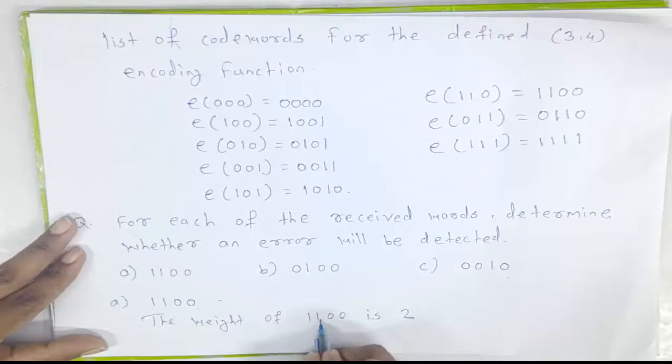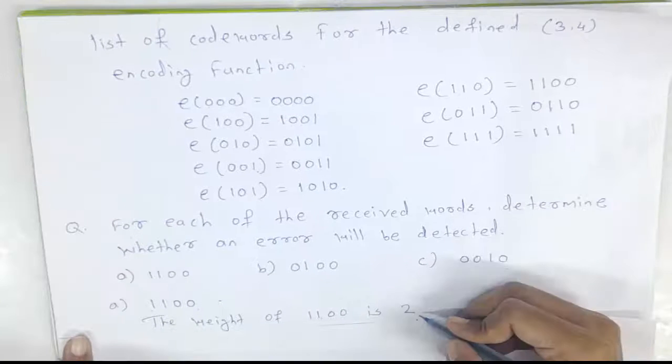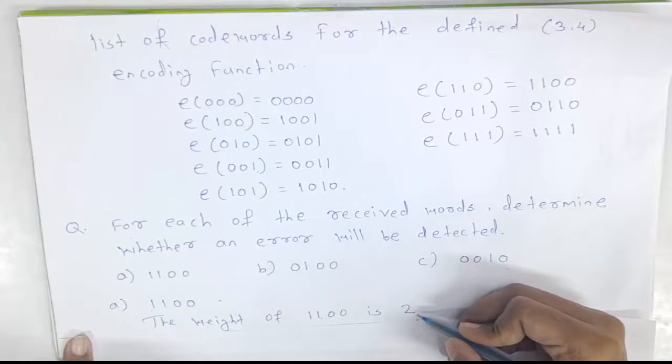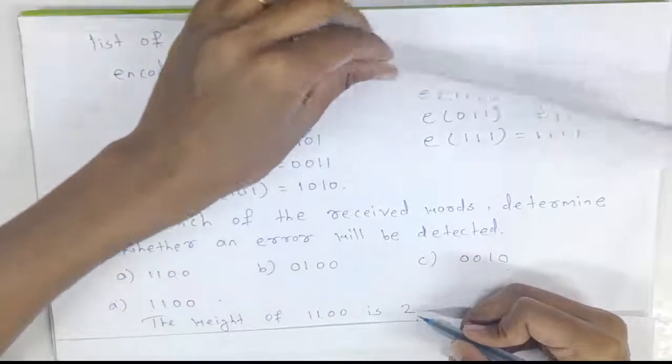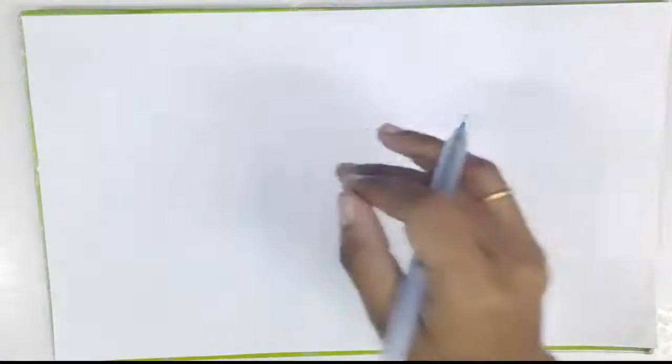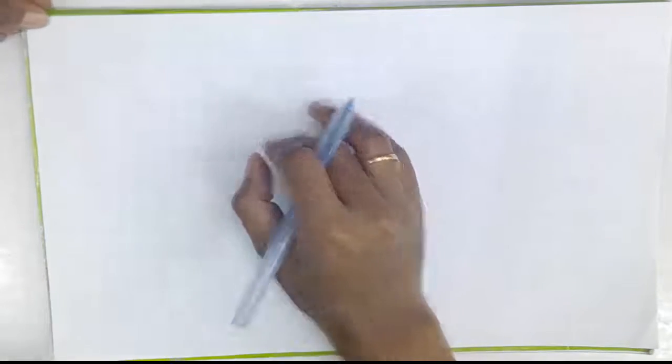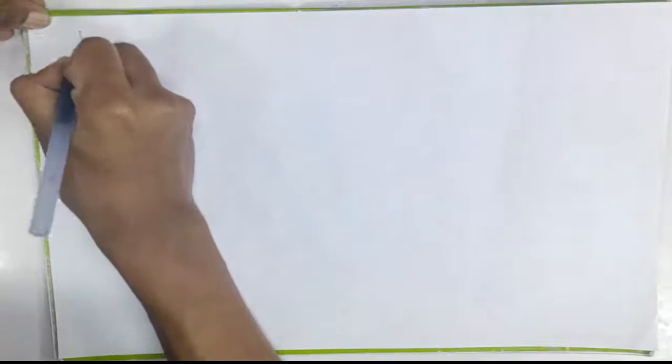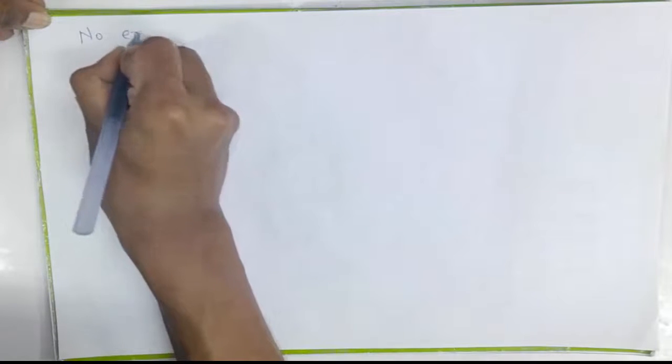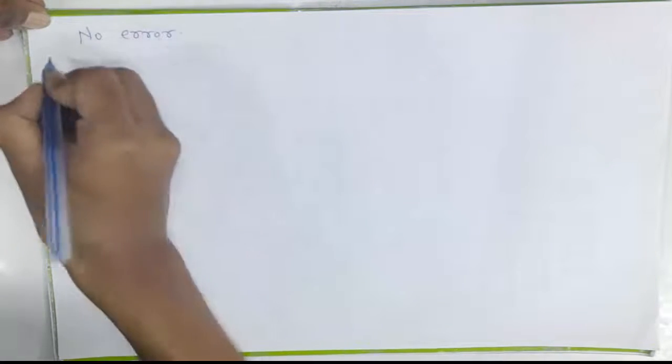The number of ones is 2. So the weight of this word is 2. So if a code word has even weight, then there is no error, right? So here in this word there is no error.